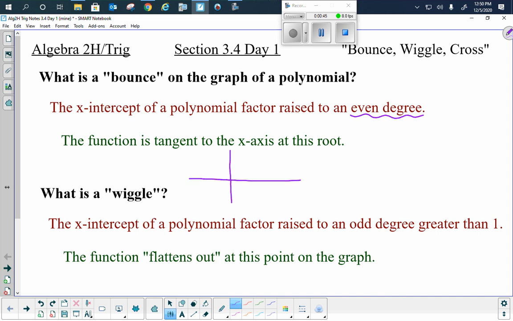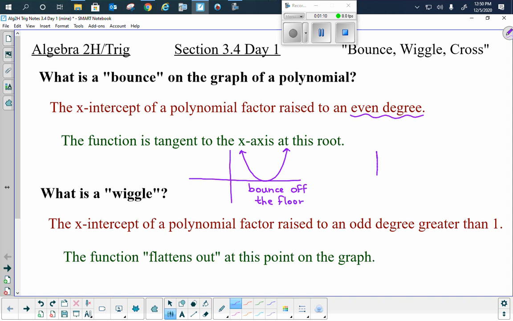If it has an even degree, then if you think about what tangent meant in geometry, it just barely touches it. I'm going to call that a bounce off the floor. Think of it as a ball coming in, bouncing off the floor, going down and coming back up.